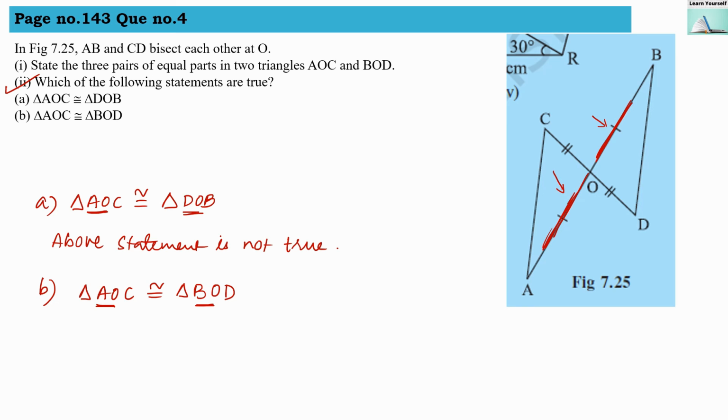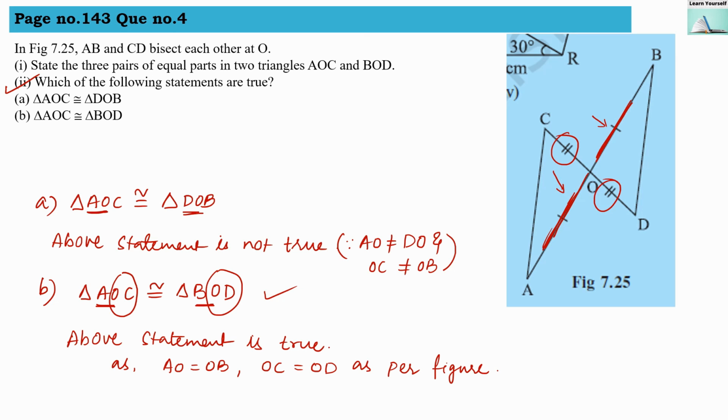Now let us check the next side, that is OC and OD. So OC is this and OD is this. Yes, they both are equal to each other. So this statement is true. So the reason, if you want to mention, you can mention it like this, that AO is equal to OB and OC is equal to OD as per the figure. That's why the above congruency is correct.